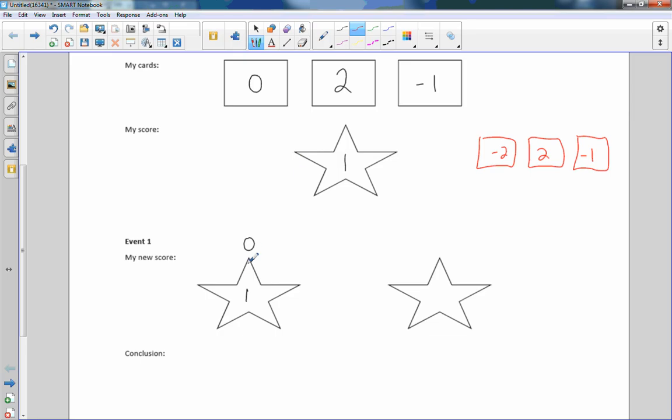The first person got this total, and this person, so I would have a star here. -2 plus 2 is 0, and -1 is -1. So this person had a 1, and this person had a -1. This person is going to add that same 0 and their new result is -1.